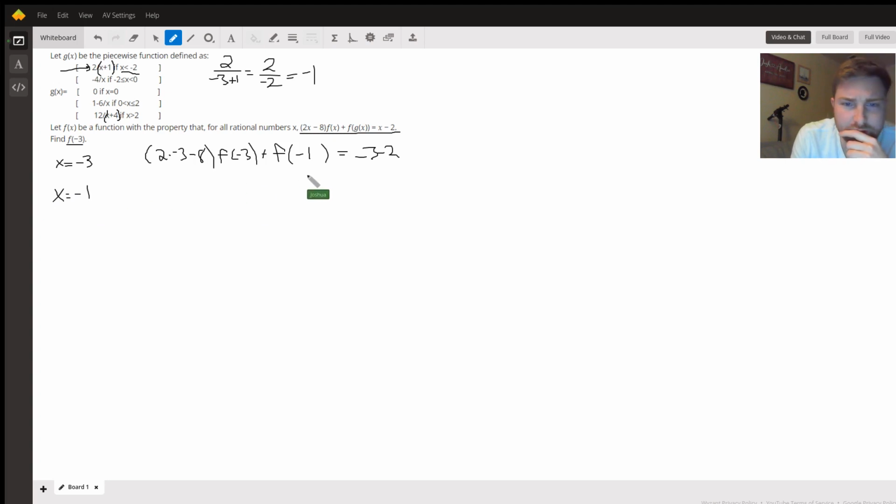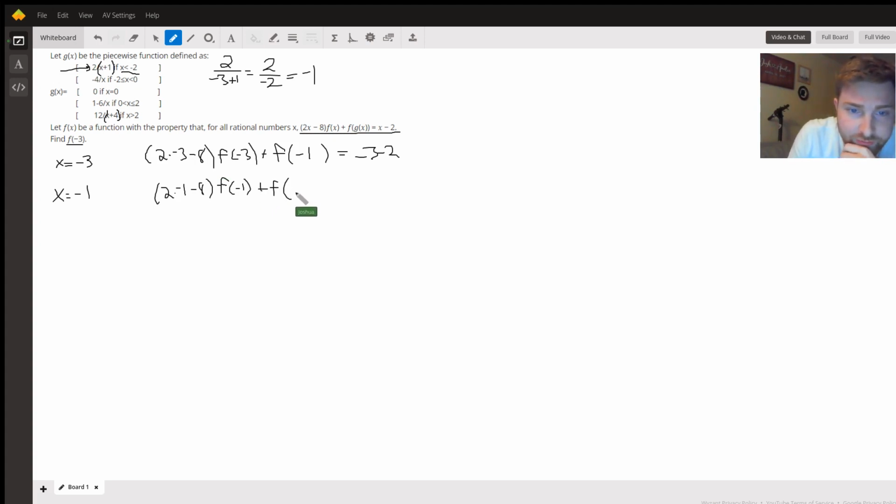Because notice there's a relationship at f of negative 1. So let's see, 2 times negative 1 minus 8 times f of negative 1. Notice if we were able to solve for f of negative 1, we can plug that new number into the first equation and solve for f of negative 3. Okay, let's see if that will work.